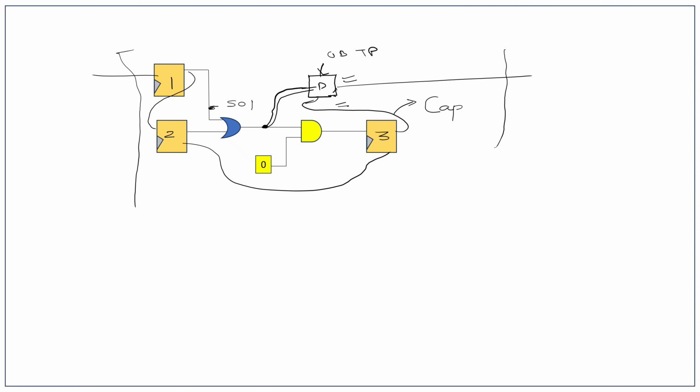And similarly, if I could do something to control the node here, which is always tied to 0, then let's say I introduce an OR gate here, which is driven by another scan flop, and this scan flop can be loaded at the end of shift with some value.